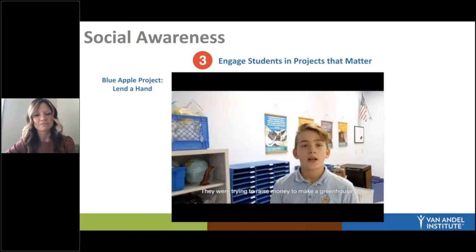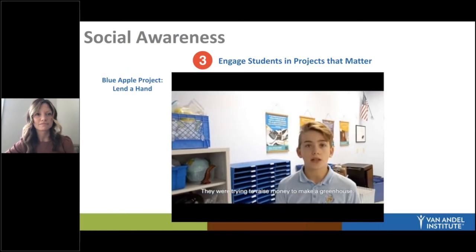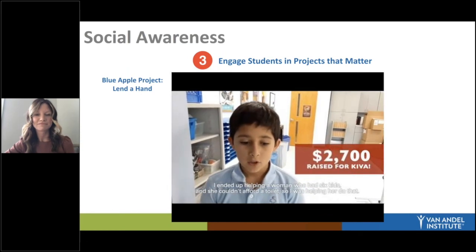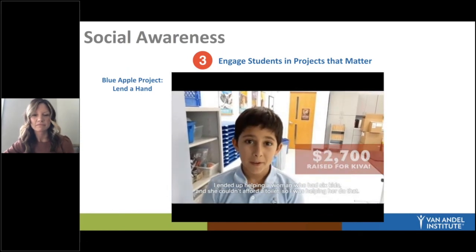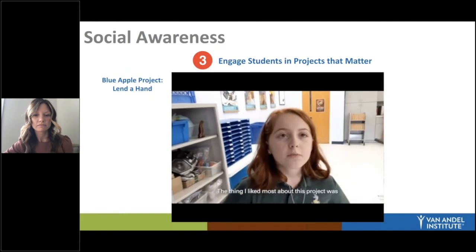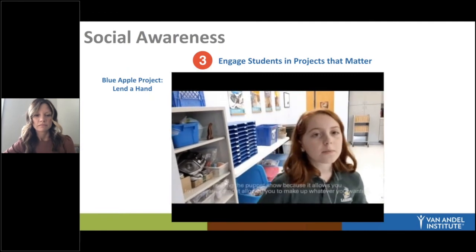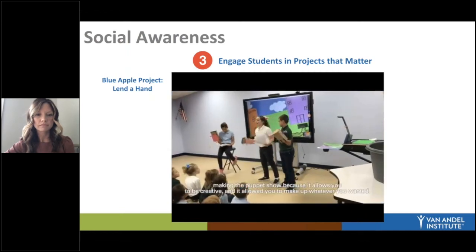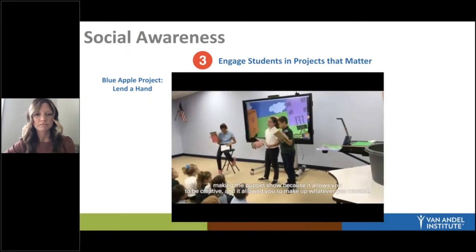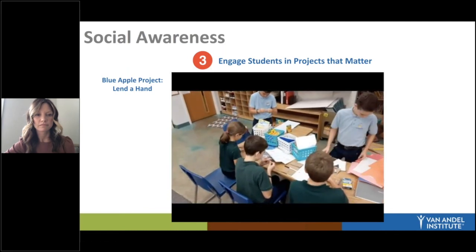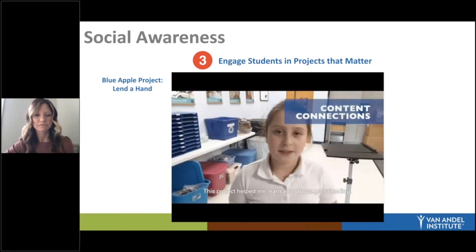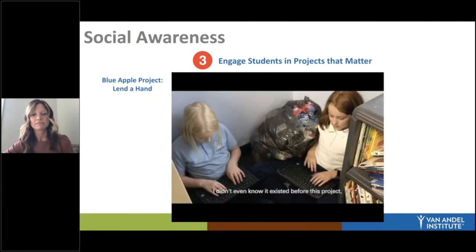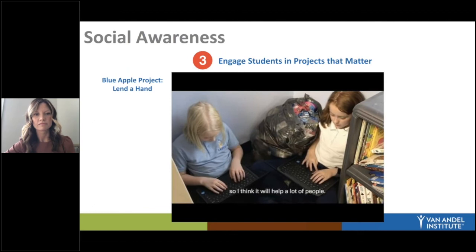They were trying to raise money to make a greenhouse. I ended up helping a woman who has 6 kids, and she couldn't afford a toilet, so I was helping her do that. The thing that I liked about this project was that it allowed you to be creative and it allowed you to make up whatever you wanted. This project helped me learn a lot about microlending. I didn't know it existed before this project, so I think it will help a lot of people.